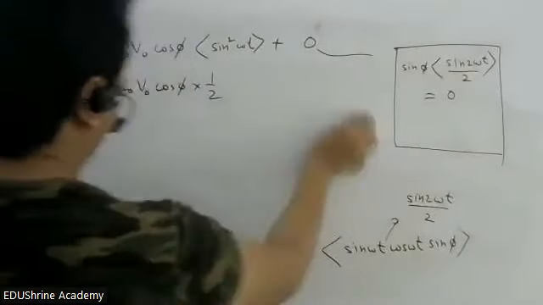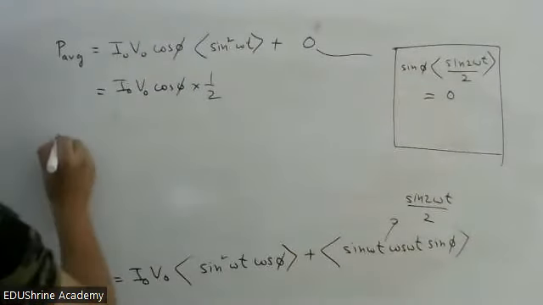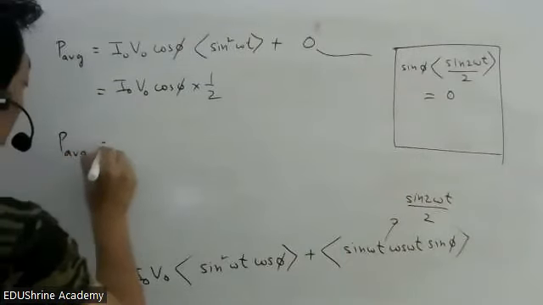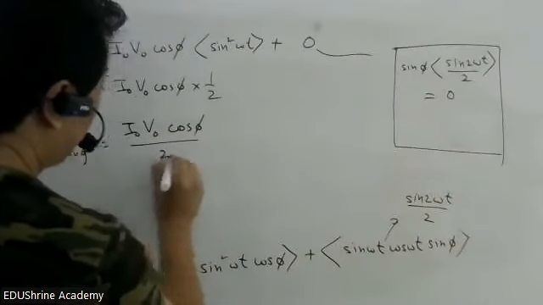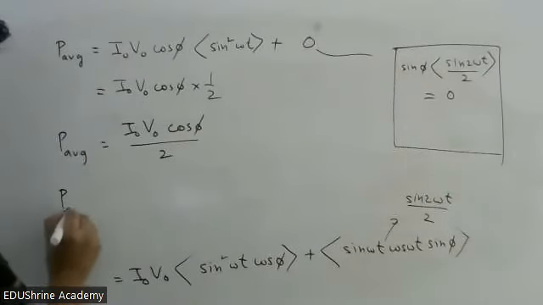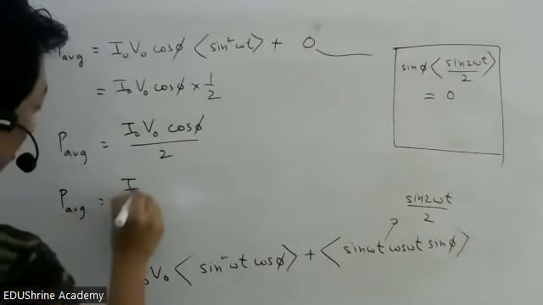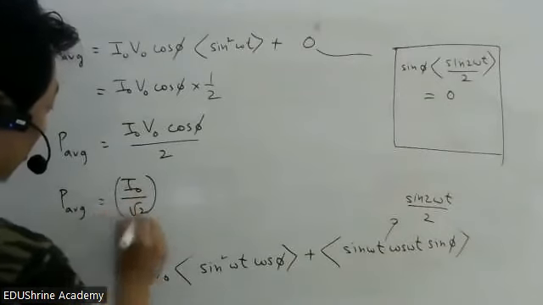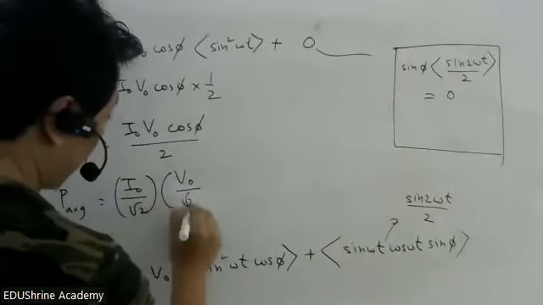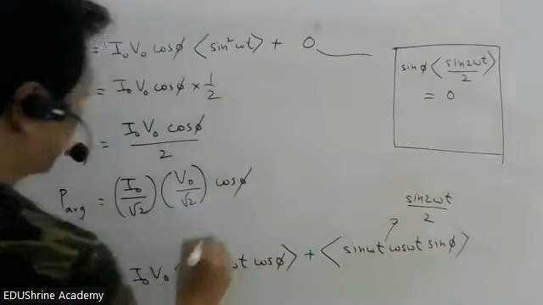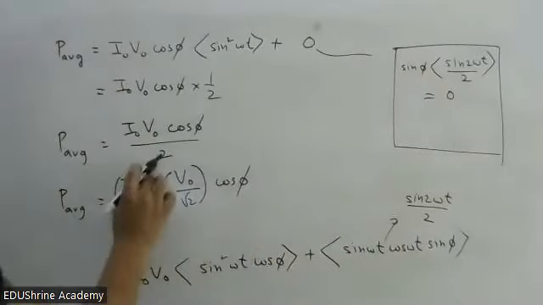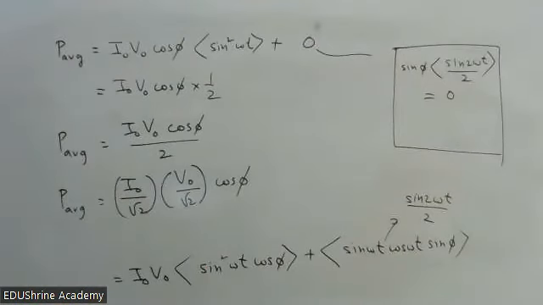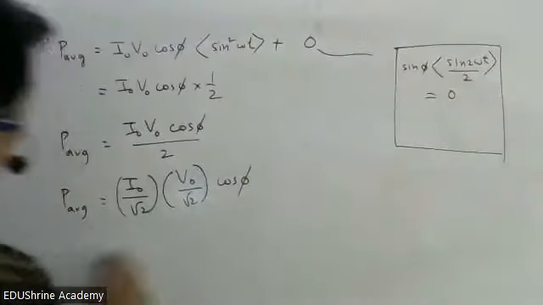So what is the final formula for average power? Let us write it in a nice way: I naught V naught cos phi by 2. Can I write it like this: I naught by root 2 times V naught by root 2 times cos phi? Check once. Yes, because root 2 into root 2 is 2. Now, what is I naught by root 2? I RMS.